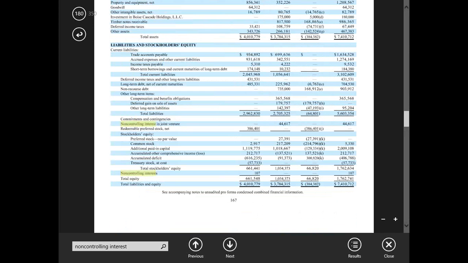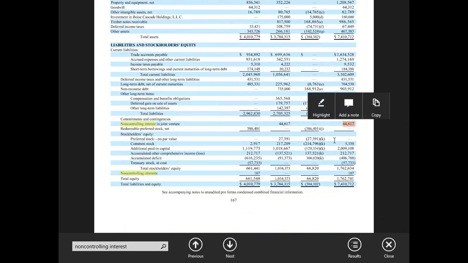Yeah, on the balance sheet, right. Here's the acquirer's non-controlling interest, 0. Here's the target's. Here's the new balance sheet. It's staying on. And they did say in the note that the value of it is about $43.7 million. So this is a little bit off of 44, but it's very close. That must be it.